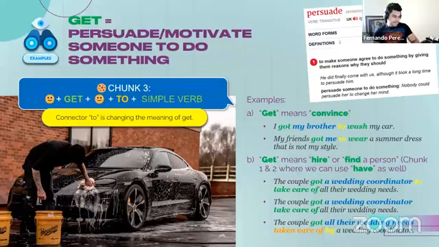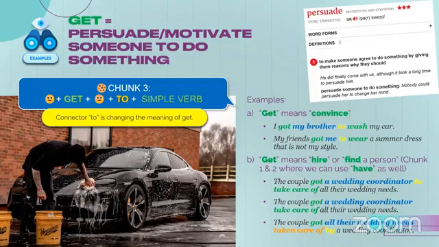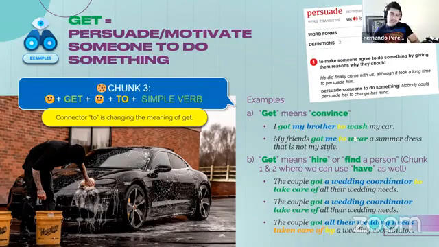Do you get it? Yes, got it. So if you use a connector to, it sounds like persuasion. If you don't use a connector to, it sounds like hiring a person, like delegating a task.